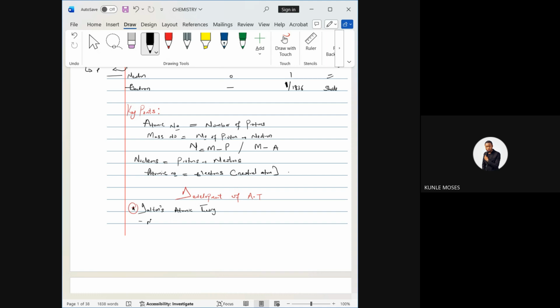Matter is made of indivisible atoms. The second thing he stated is that atoms of the same element are identical.